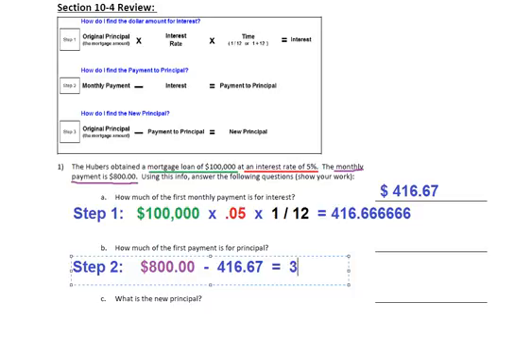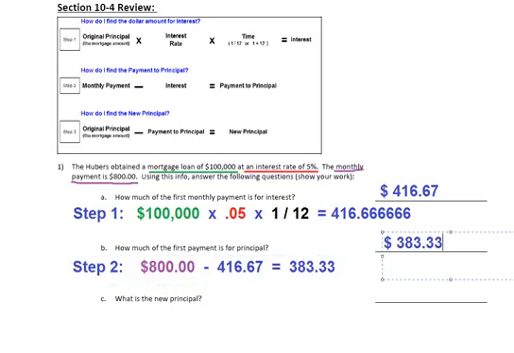I do the math and I get 383.33. I'm good at showing my work, but I have to be sure that I write the answers on the lines provided. So that's how much money is actually going to pay off the principal. Once again, that's how much money is going to pay off the principal, or the actual loan itself. So it's not bad, not bad. $383, almost half of your payment.